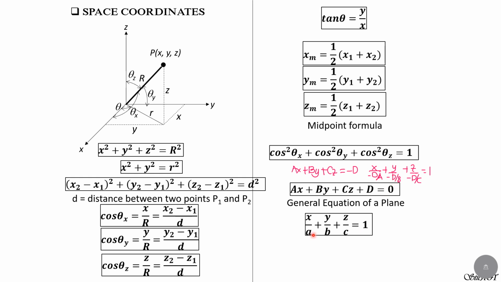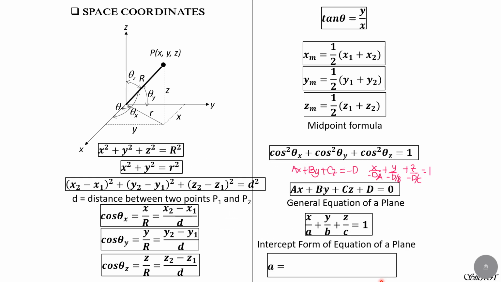And this x-intercept is negative d over a after we divide by d. And this is the y-intercept, negative constant over coefficient of y. The z-intercept is negative constant divided by the coefficient of z. So these are the definition of intercept form.